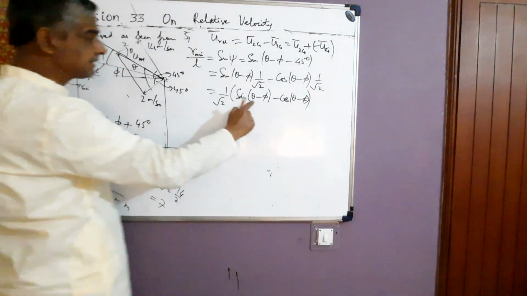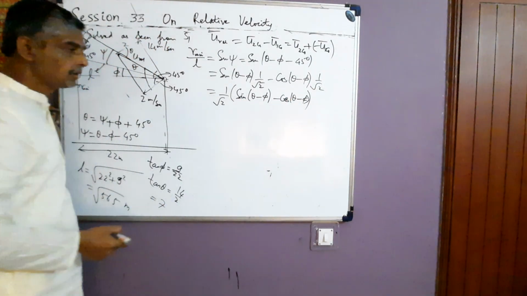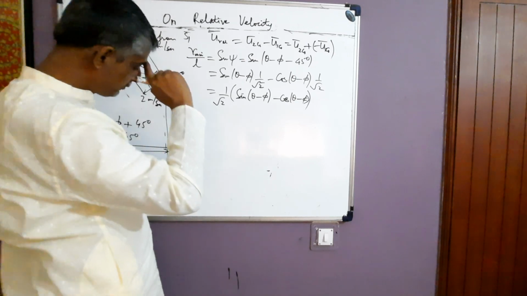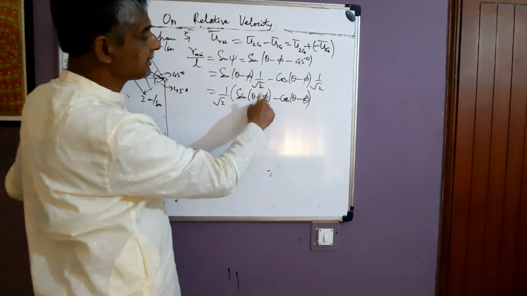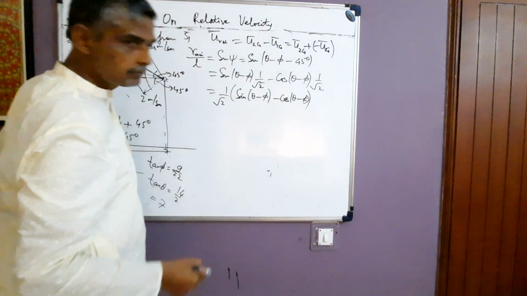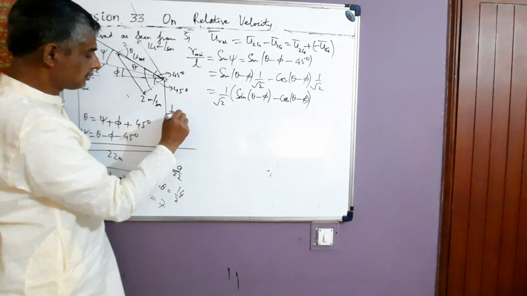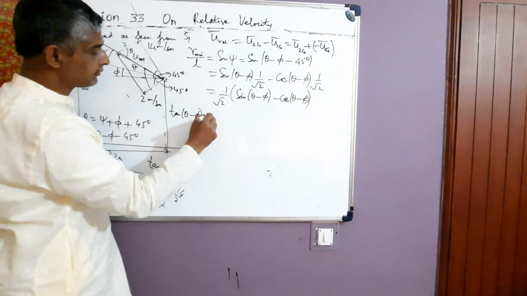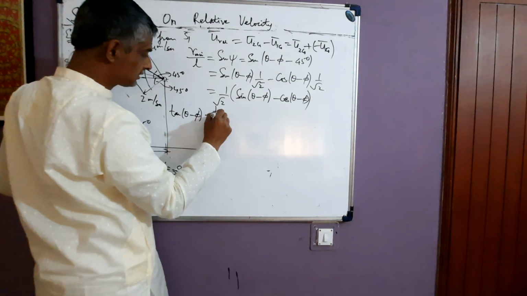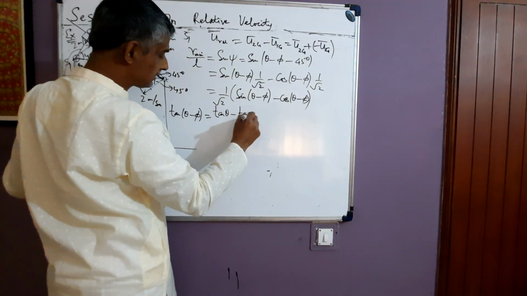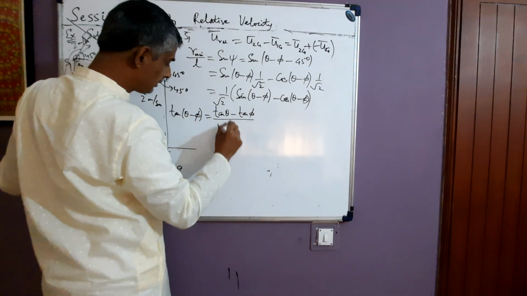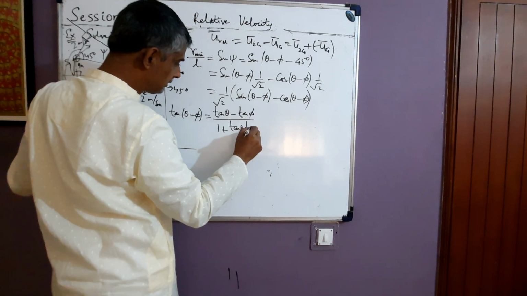Now we have to determine sin theta minus phi and cos theta minus phi. For that, it will be better if we find tan theta minus phi, from that we can determine these two. Alright. So tan theta minus phi is same as tan theta minus tan phi by 1 plus tan theta tan phi.